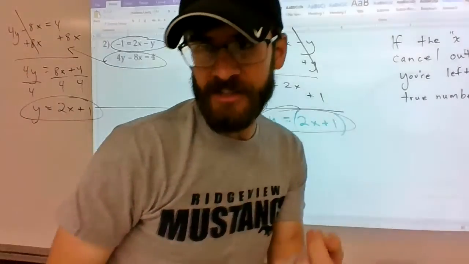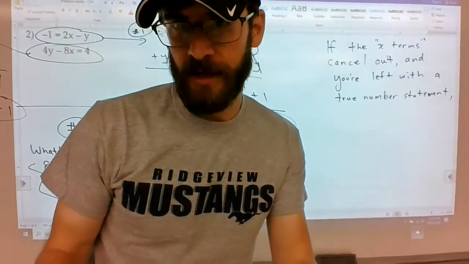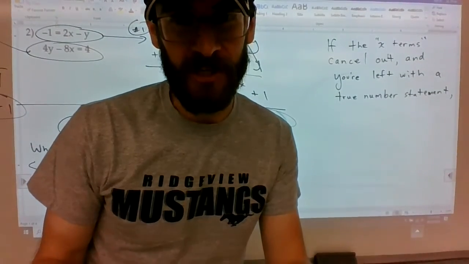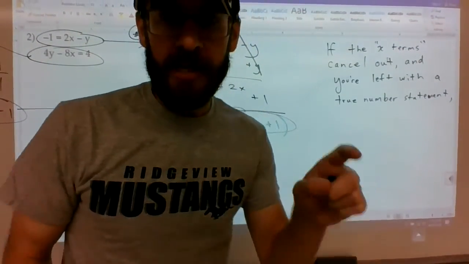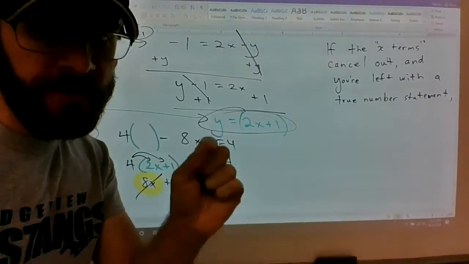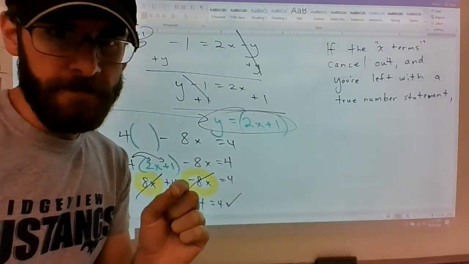Or infinitely many solutions. I'm sorry, you guys couldn't see that. But I'm not going to restart the video because we're already 12 minutes in. So, if the x terms cancel out and you're left with a true number statement, okay?